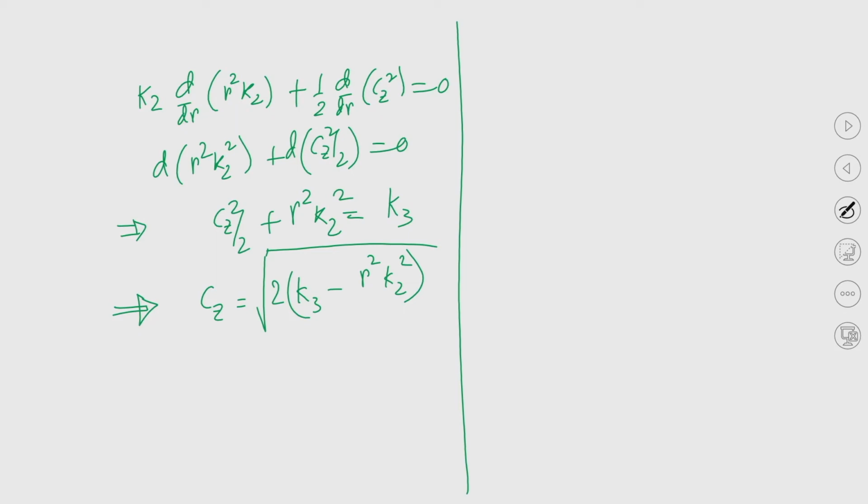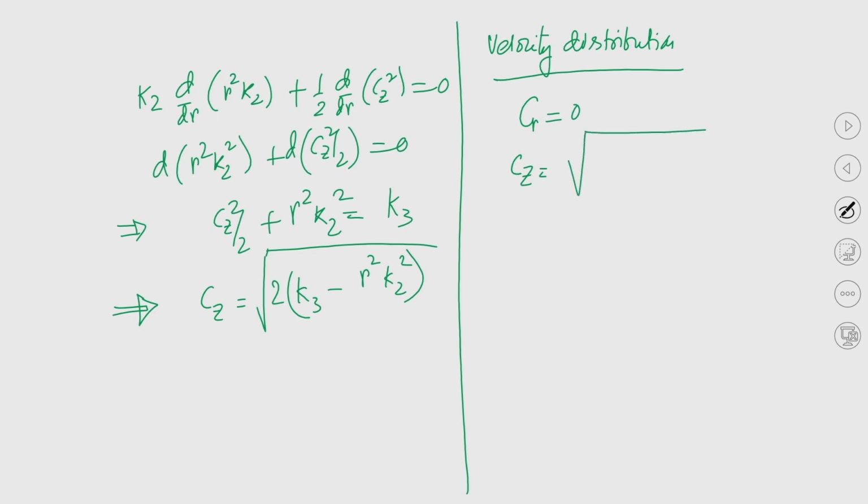For the force vortex flow pattern, the velocity distribution is: Cr equal to 0, Cz equal to under root of 2 into k 3 minus r square k 2 square, and C theta equal to what we have assumed, r into k 2.